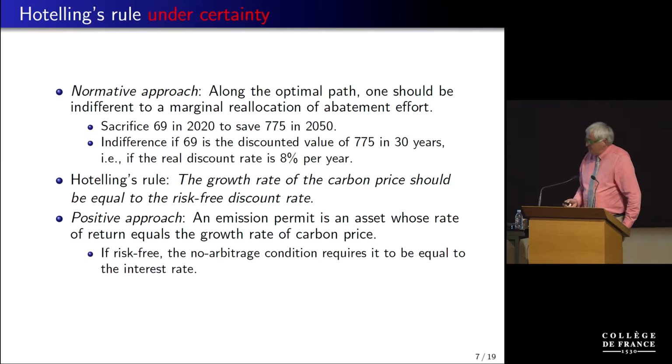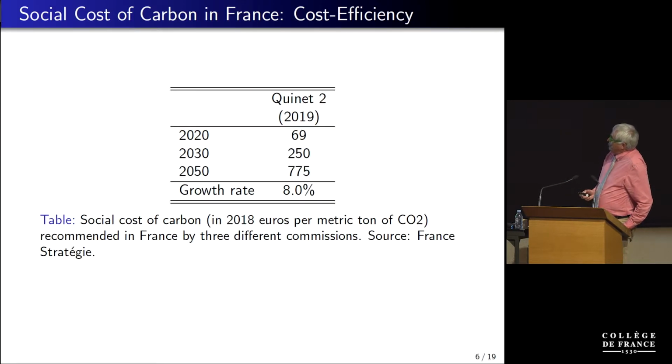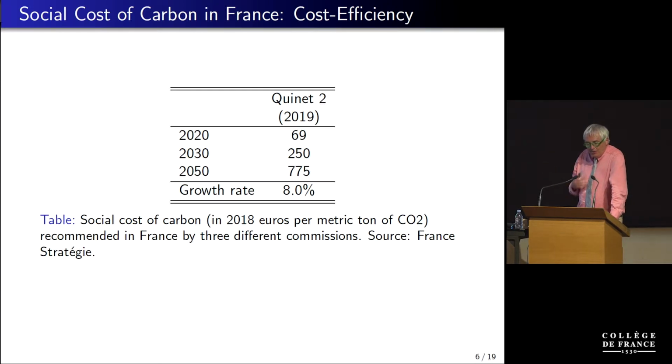If I look specifically at the Quinet 2 report, remember, this is a cost efficiency approach, not cost-benefit. Those carbon prices are not the present value of the future marginal damages. They are a carbon value, a shadow price associated with a quantity constraint on intertemporal emissions.